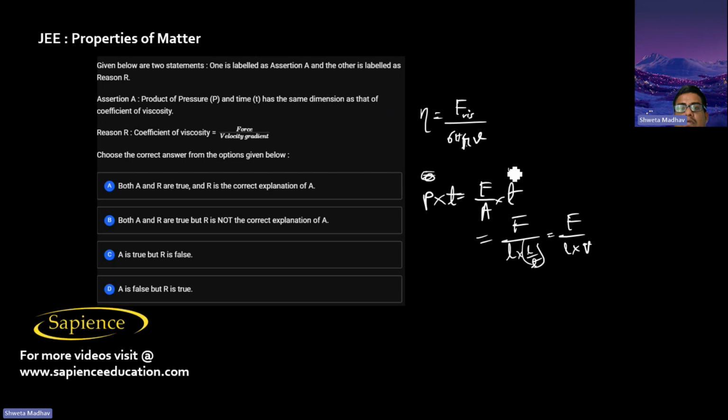So obviously the product of pressure and time has the same dimension as that of the coefficient of viscosity.